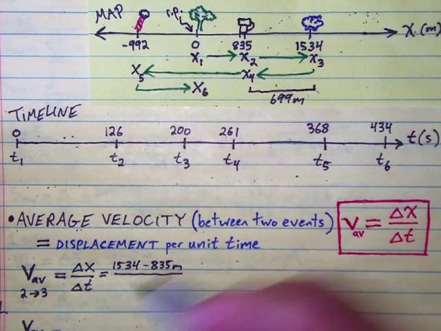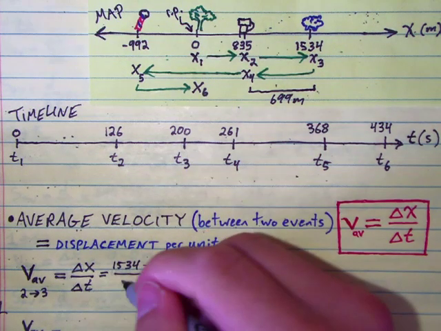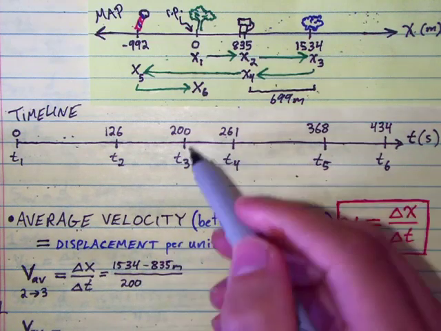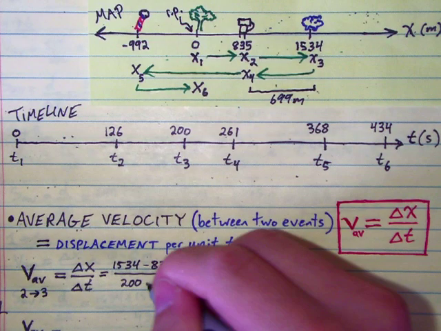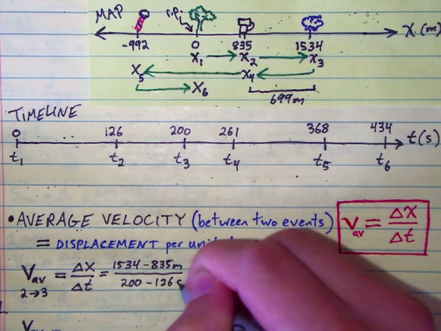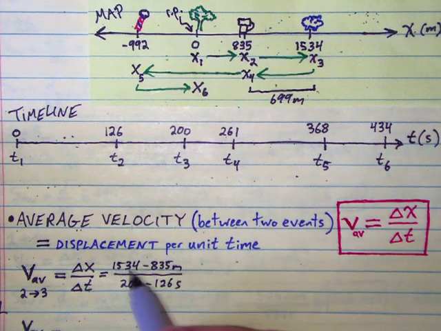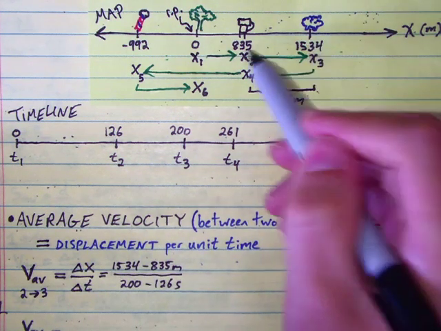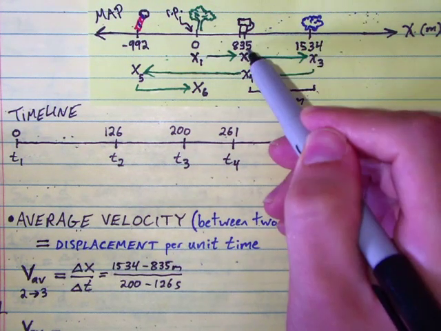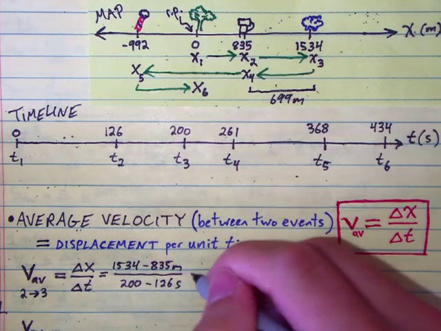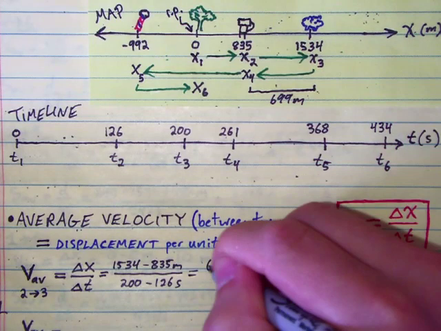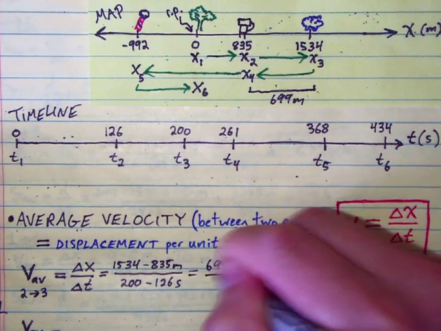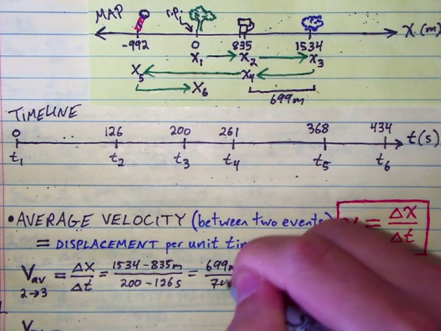And his final time, t3, was 200 seconds, and initial time, t2, 126 seconds. So the change in time on the clock and the change in his position from going from here to here. So final position minus initial position. That's 699 meters divided by 74 seconds.